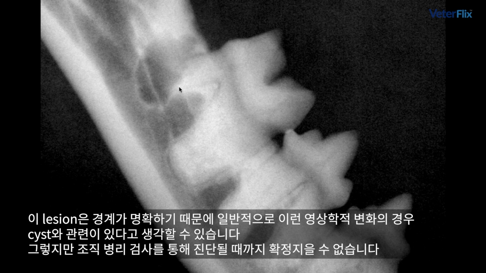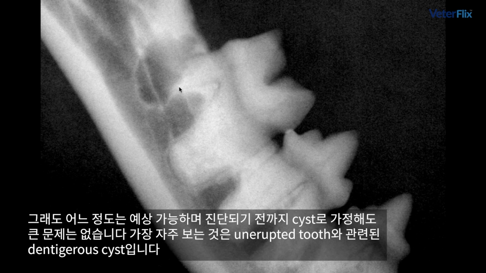Generally, when we see that type of radiographic change, we can associate that with a cyst. It's not definitive until it's sent and documented via histopath. However, this is fairly predictable, and we can pretty much assume that that is a cyst until proven otherwise.